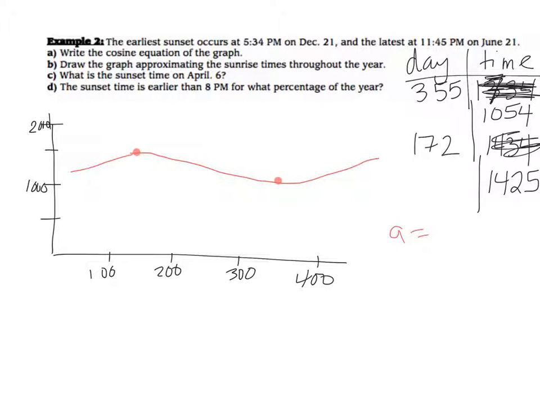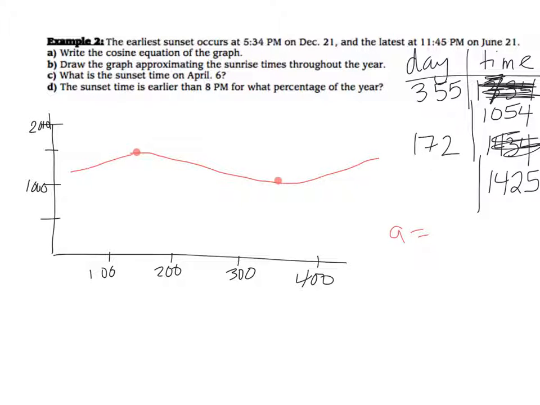Amplitude: if we look at the maximum, subtract the minimum, divide by 2. You guys better help me with this because I'm having a lot of trouble today. So what's the maximum y value? 1425. Subtract 1054.